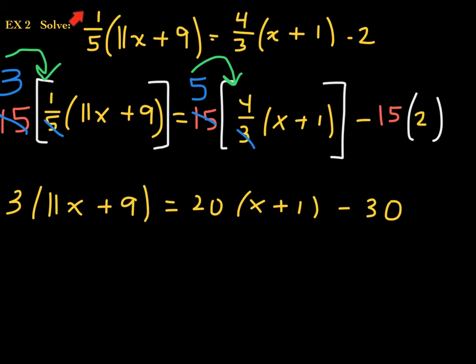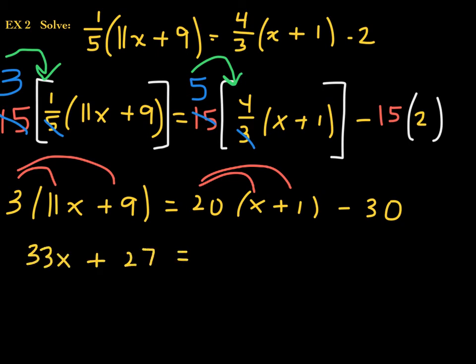So really, you're just multiplying the coefficient outside the parentheses by 15 and 4/3 by 15, okay? All right, now what comes next is distributing the 3 and distributing the 20. And that would give you 33x plus 27 is equal to 20 times x plus 20 minus 30.